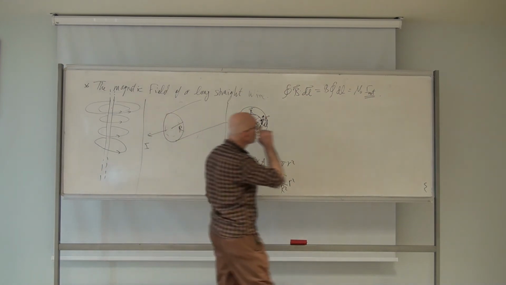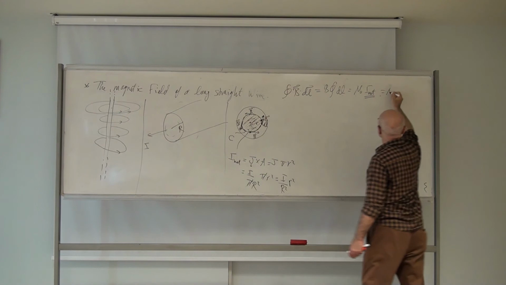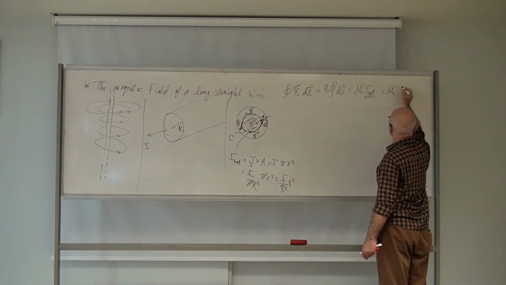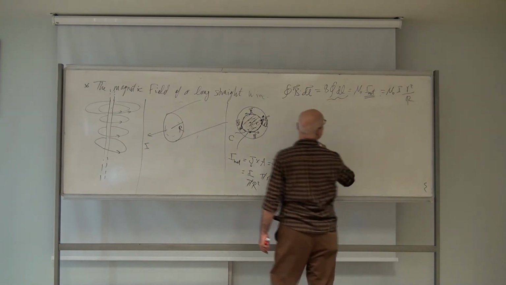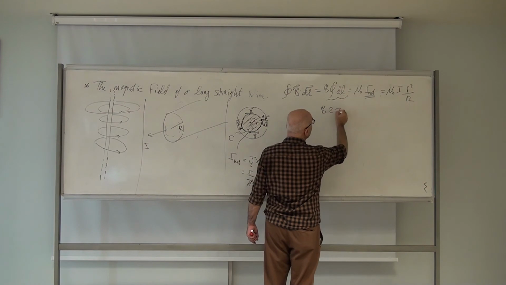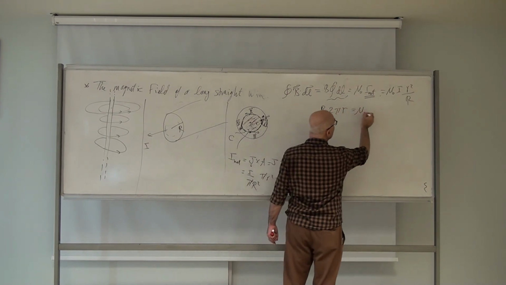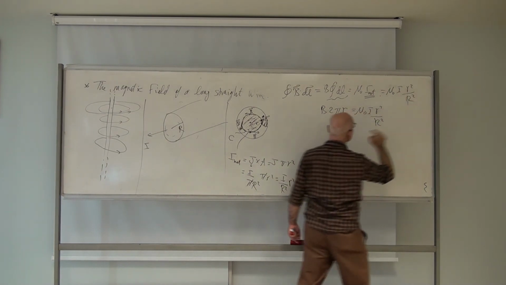And so I just substitute it here. This is equal to mu naught I r squared over R squared. Now I substitute for the left side: B multiplied by 2 pi r equals mu naught I r squared over R squared.